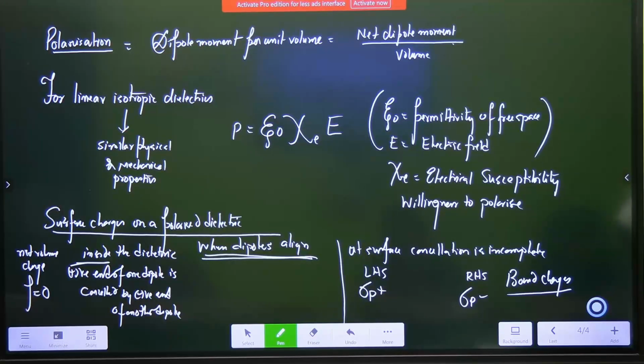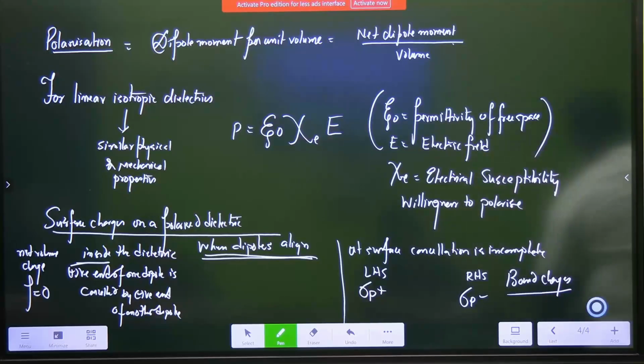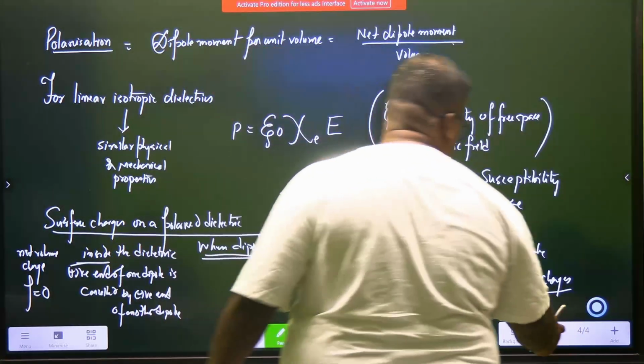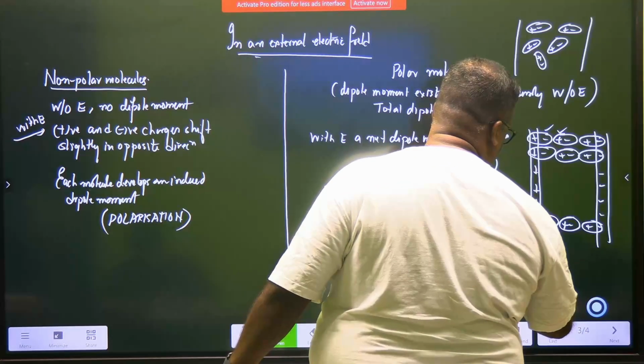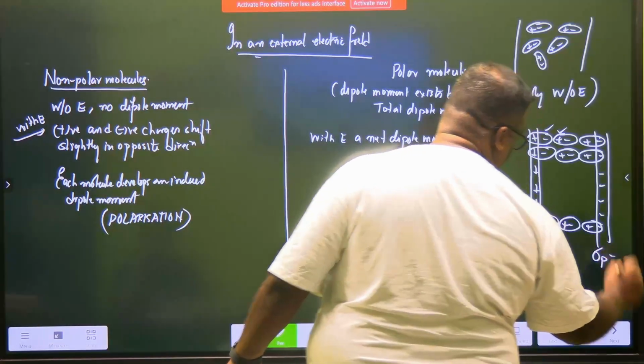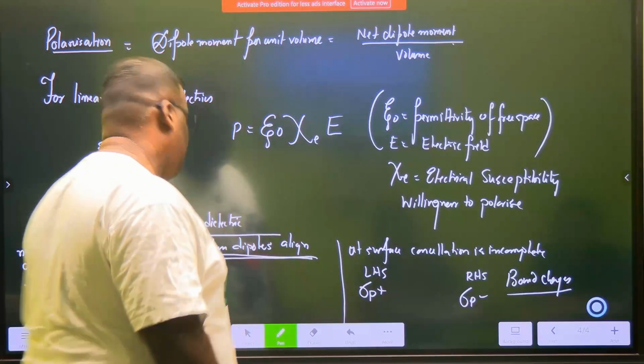Whereas on the surface, cancellation is incomplete, as a result of which you have a surface charge distribution, positive on the left. It is not necessarily only on the left, it can be on the right, but whichever side is positive, the other side will be negative. Typically in your diagram, this is polarized positive charge density, polarized negative charge density. And this will be helpful in our capacitor.